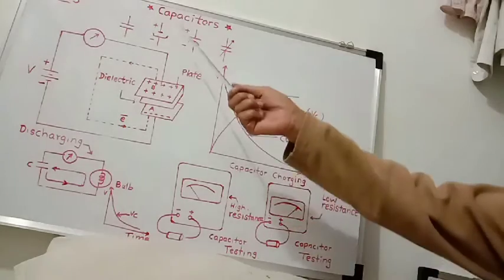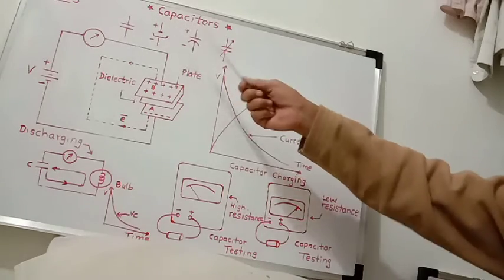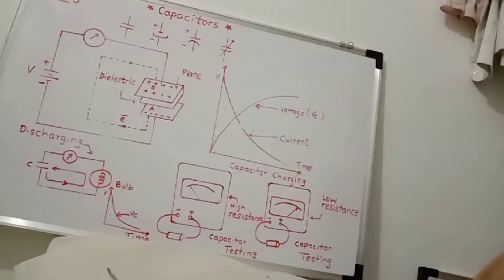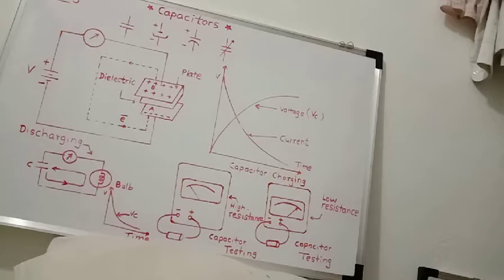The main function of a capacitor: it is used in DC power supplies in the filter section. Electrolytic capacitors are used to suppress the AC component from DC, and also in amplifiers for coupling signals, or to couple two or more stages.